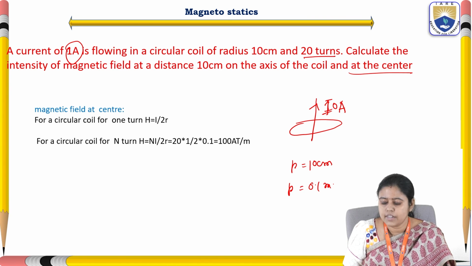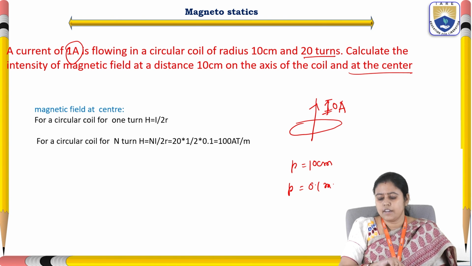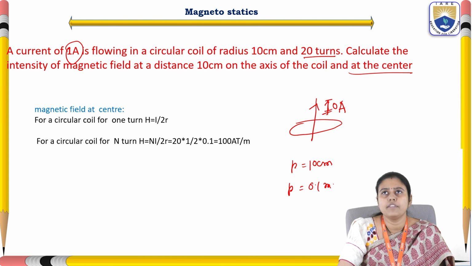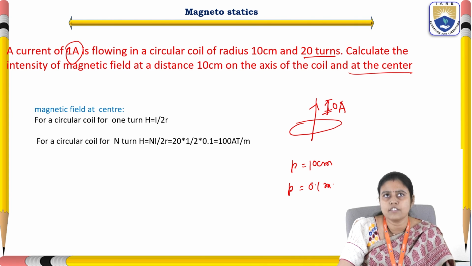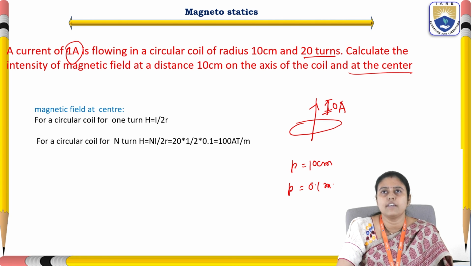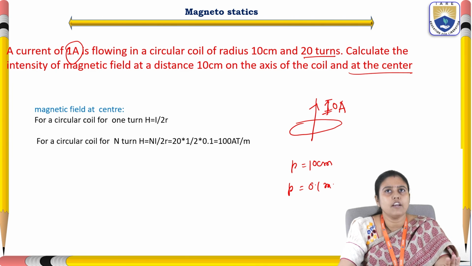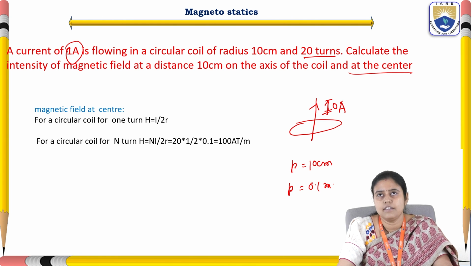So what have we discussed today? We have discussed a small revision. We have discussed what is magnetostatics, what is the difference between electrostatics and magnetostatics, then what is the important law for electrostatics and magnetostatics, what is permeability, what is intensity, what is susceptibility, what is the magnetic flux density.